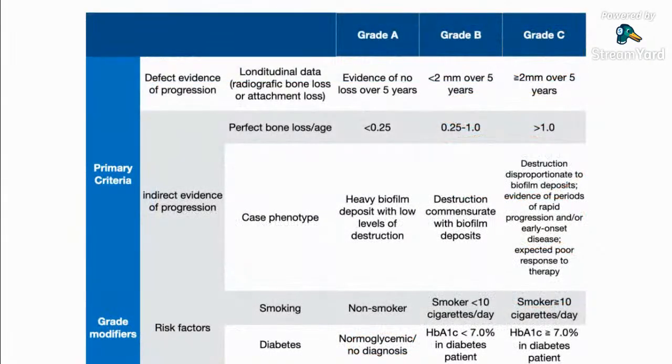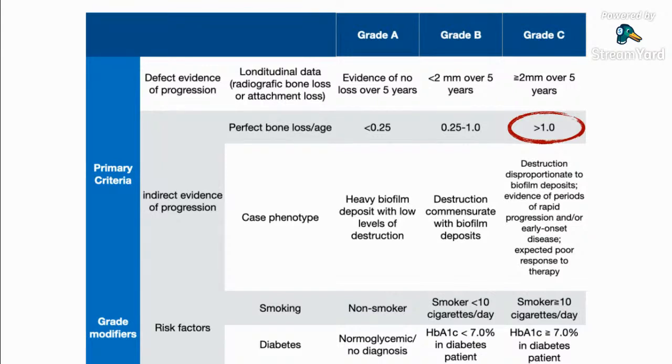And about the grade, we first think it is a grade B in the middle. But longitudinal data is not sure, because we need more than 5 years of observation. So the percent bone loss is more than 1.